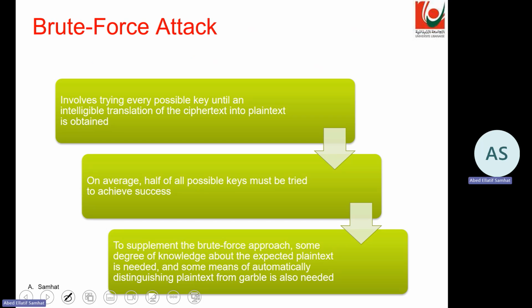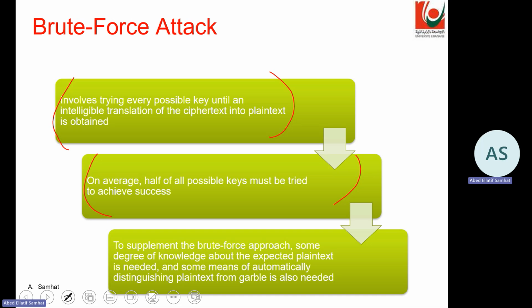As we said, in a brute force attack, which I already presented, we should try every possible key, and on average we consider that half of all possible keys must be tried to achieve the success of the attack.